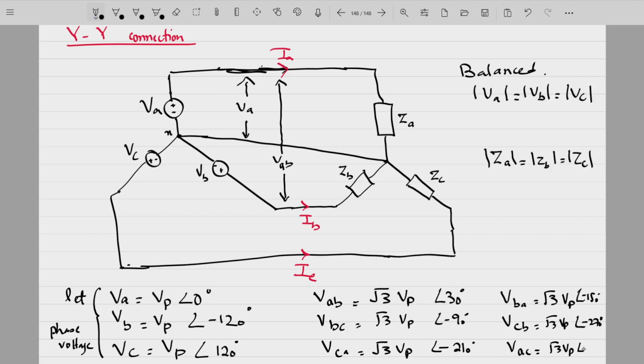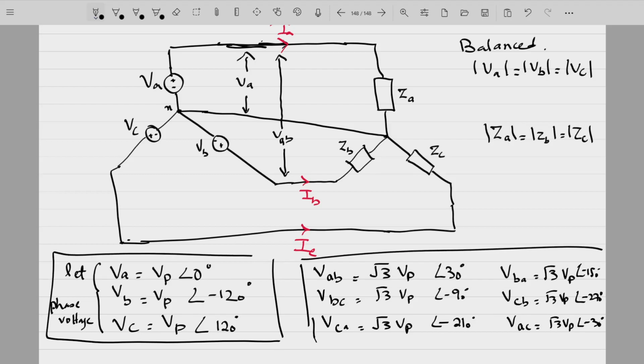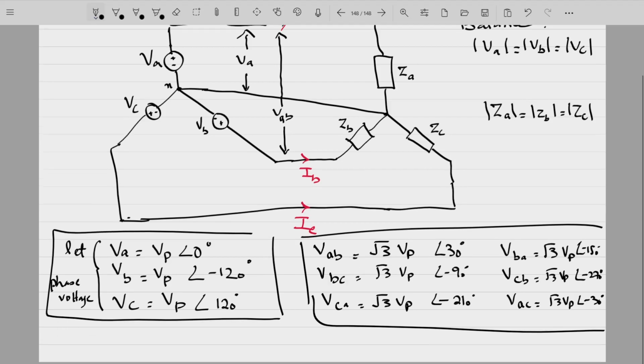So 30 minus 180 means minus 210 plus 150 degrees, 150 means this will be minus 30 degrees. Fine. So these are the phase voltages, and these 6 represent the line voltages in this particular case.